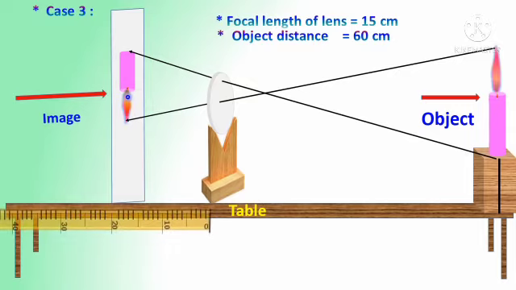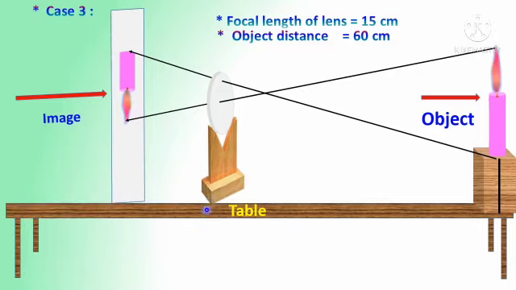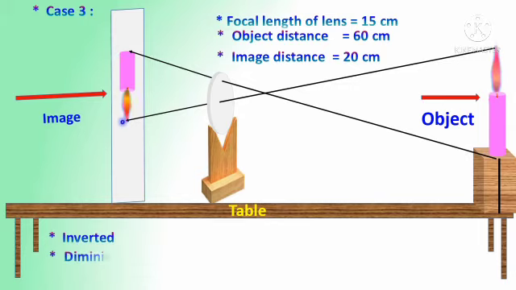Then what is the distance between lens and screen? That is 20 centimeters. Before, it was nearly 20, that means that is 90 centimeters. Now here 20 centimeters. What are the characteristics?